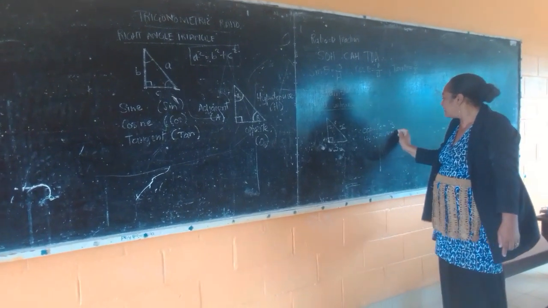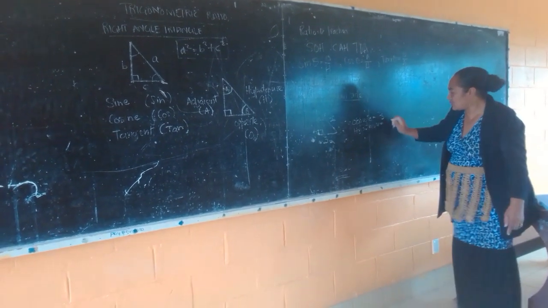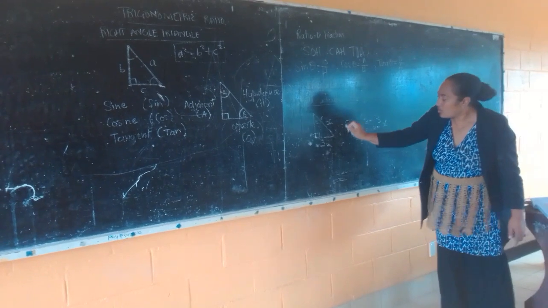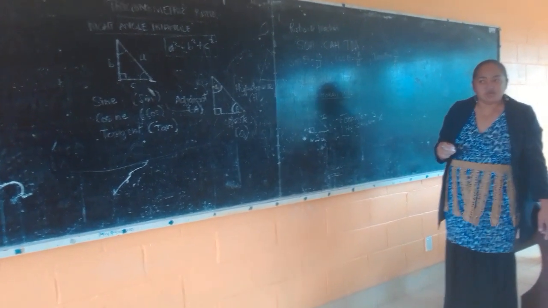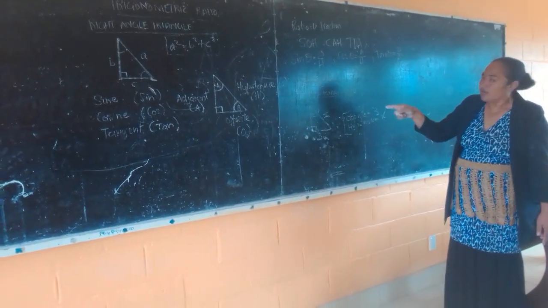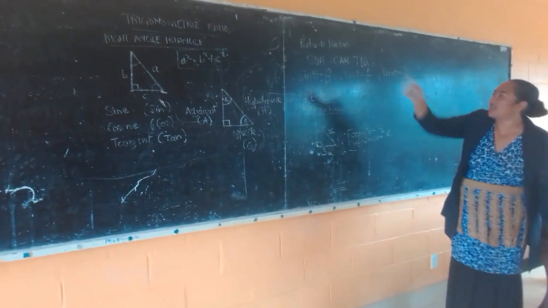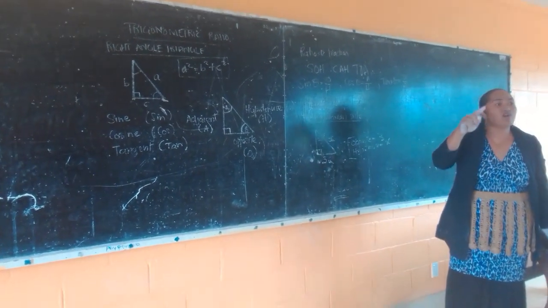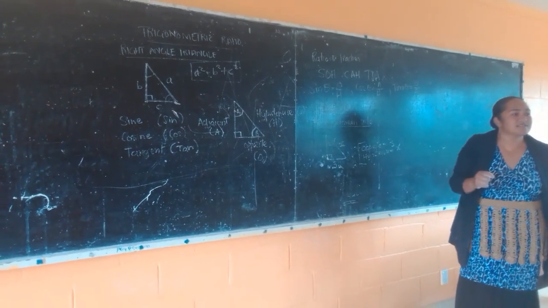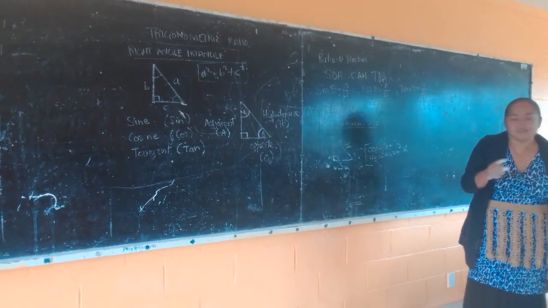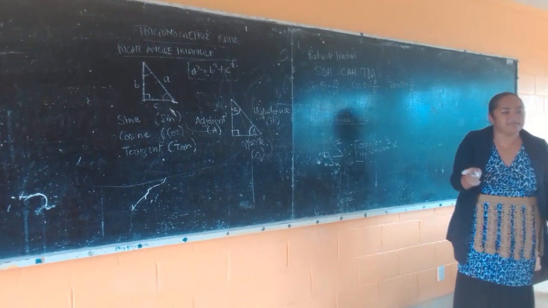So the hypotenuse is x, which we are looking for, and the opposite is given. So O and H are involved. Which one should you use? Opposite and hypotenuse: sine. We pronounce it sine.